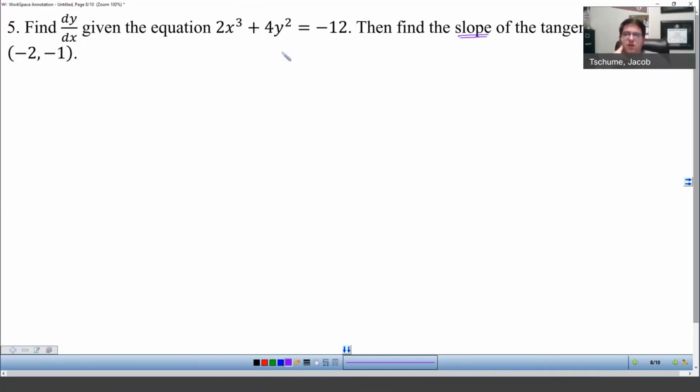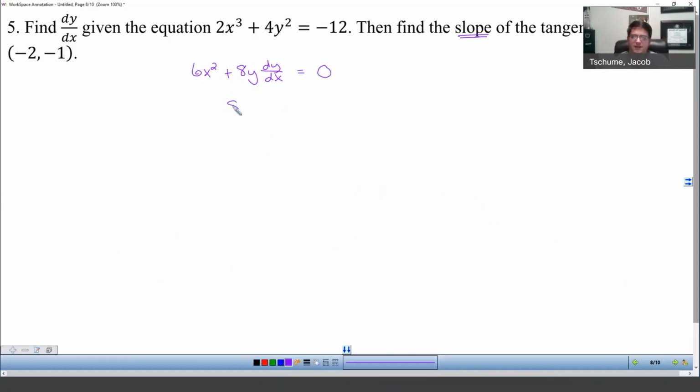All right, so first thing I'm going to do is find dy/dx. So we're going to take our derivative implicitly. Derivative of 2x cubed is 6x squared. The derivative of 4y squared is 8y dy/dx, equals the derivative of -12, which is 0.